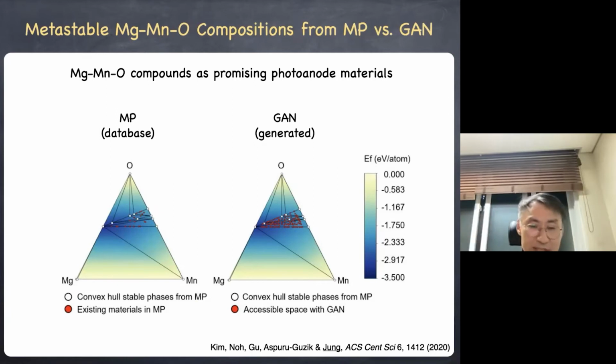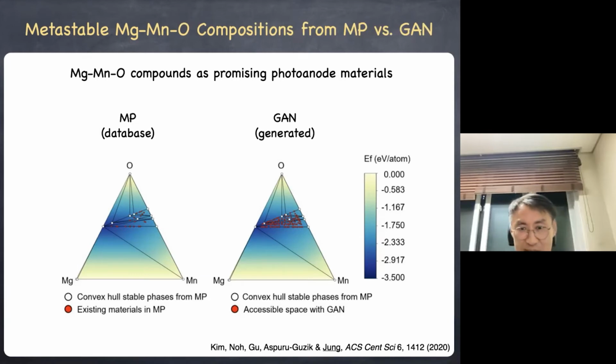On the left-hand side, I'm showing you the phase diagram of the magnesium manganese oxide ternary compound space, and these red circles are the existing materials in the Materials Project database. On the right-hand side, I'm plotting the same phase diagram, except that I added the structures generated from our GAN model.